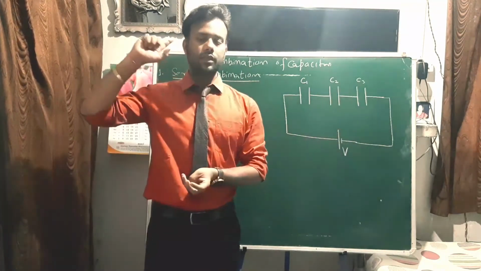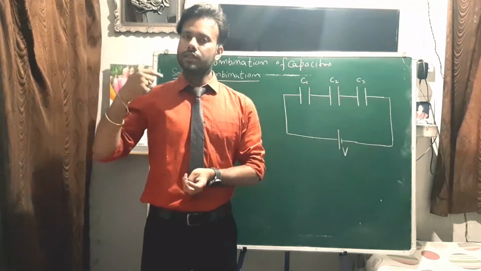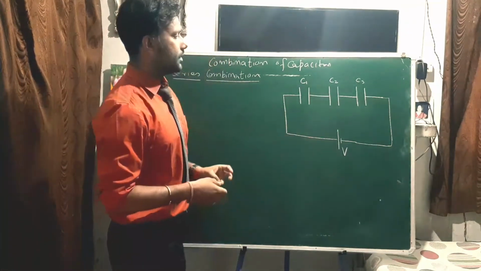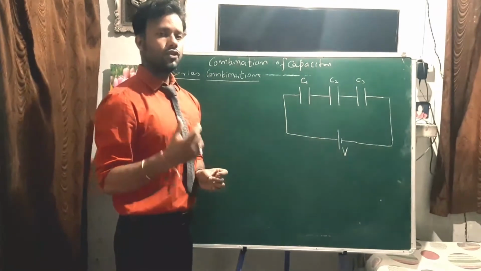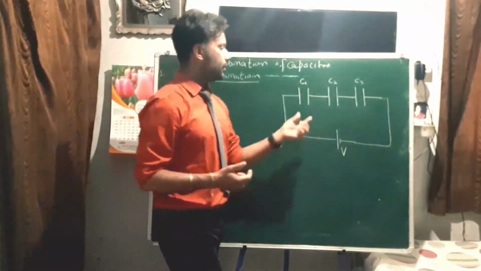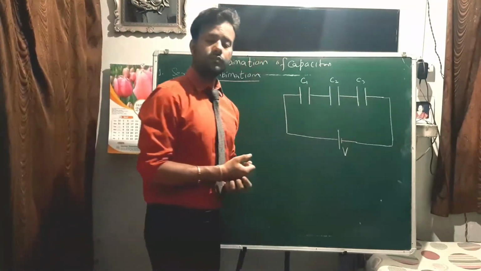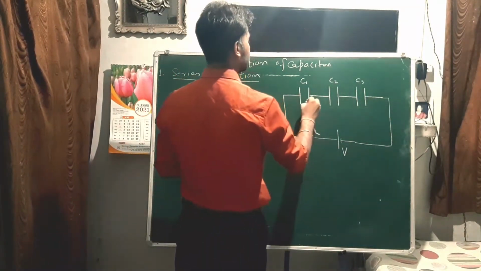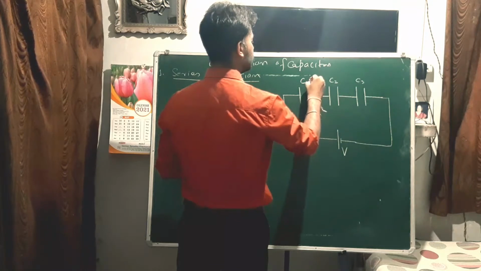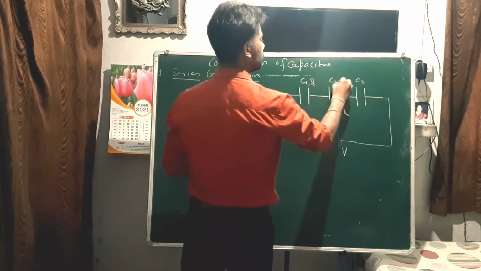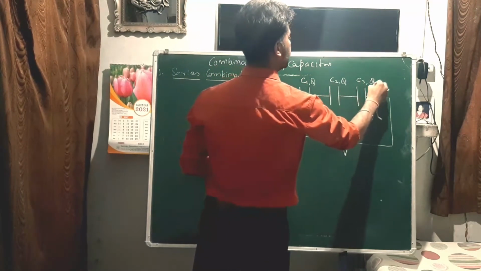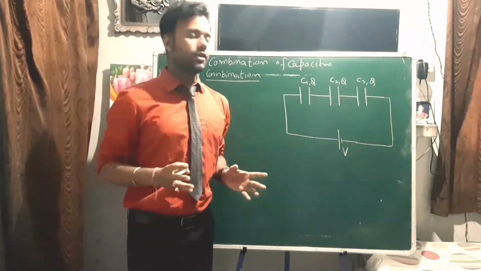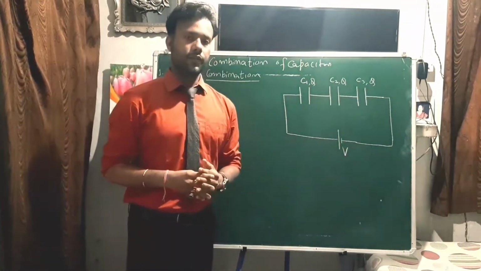So like in resistances in series the current is the same everywhere, in this combination the charge will be the same on each capacitor, equal to Q, which is the total charge provided by the battery V.